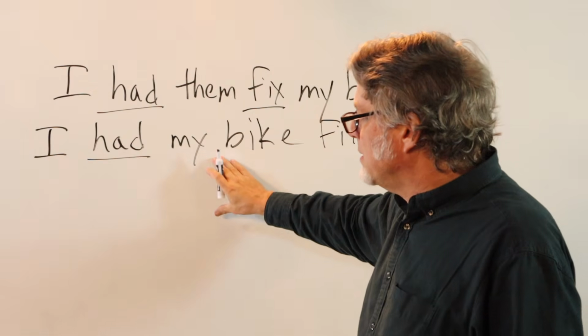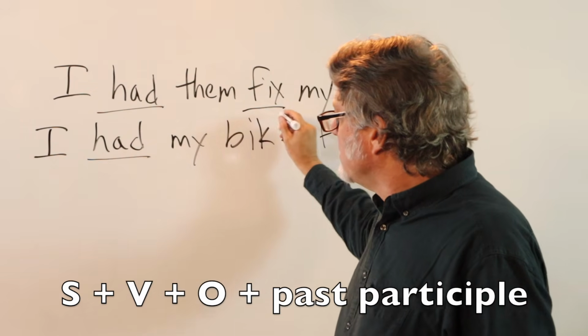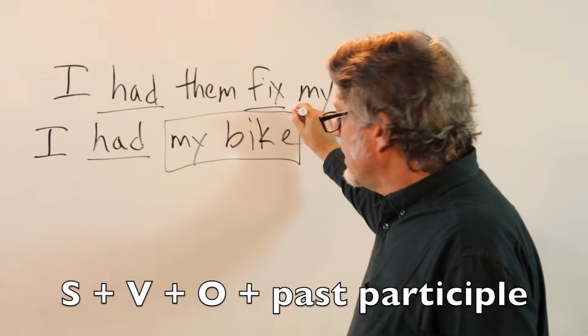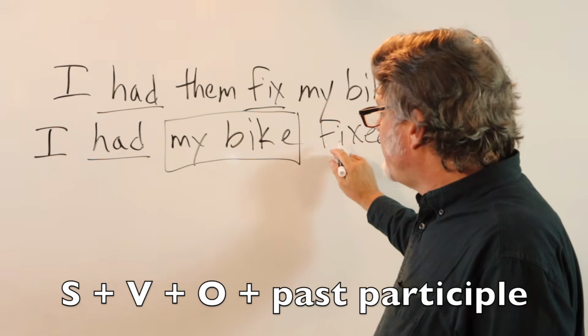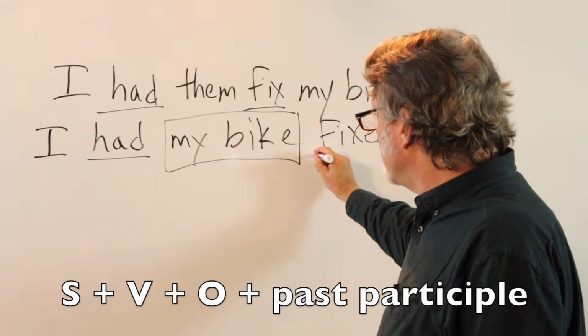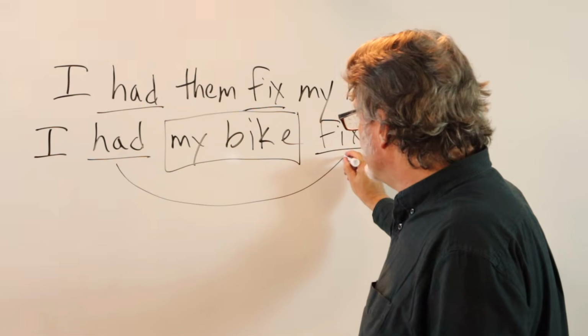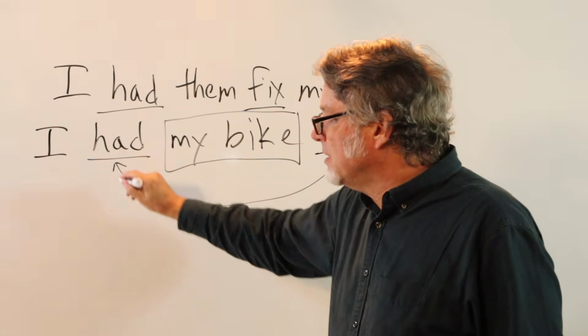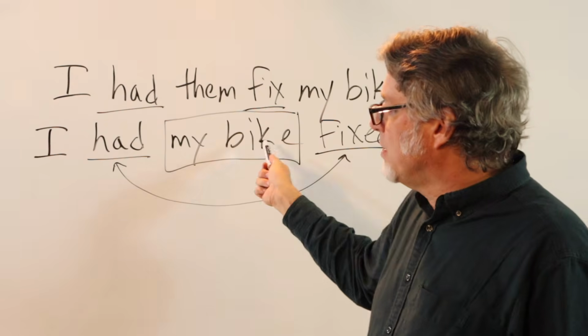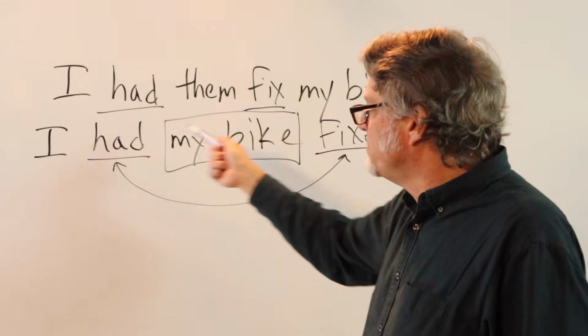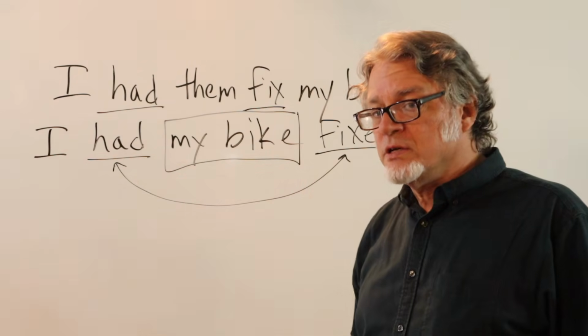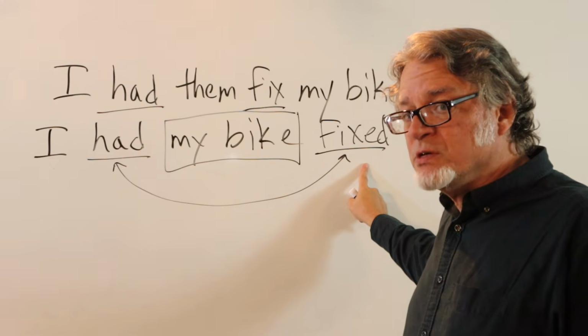But then in the passive causative, you want to put the thing, and then the past participle will go here. These two verbs work together, and the thing goes between this verb and this verb. Just remember that this is the past participle.